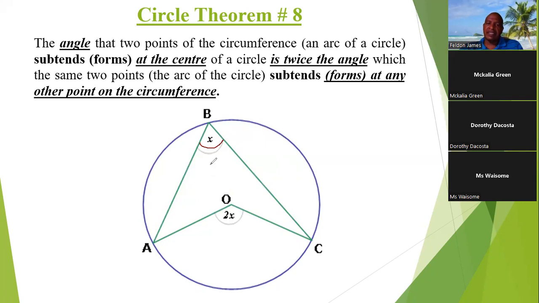Now, the one that is twice that is going to be formed outside the shape at the center. You follow? Yes, sir. So the one at the circumference is always within the shape and the one at the center is outside the shape. If you can remember that, then you shouldn't have any problem identifying the one that is twice the one at the circumference.